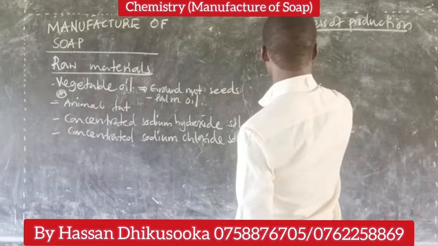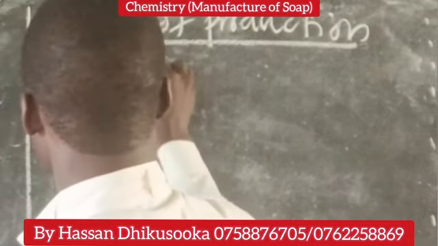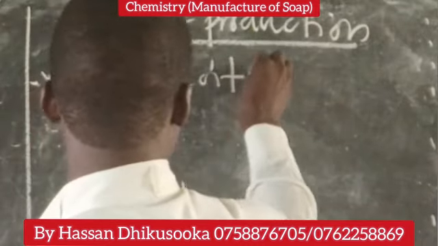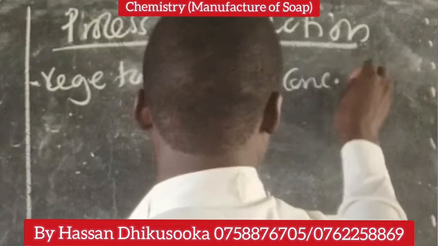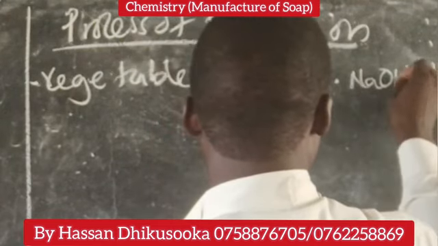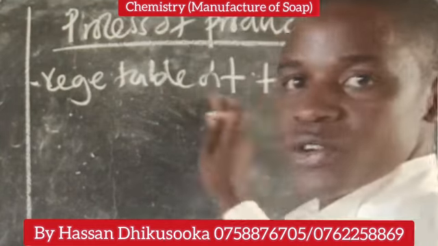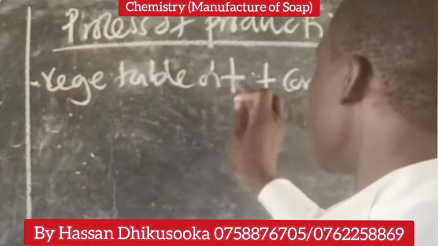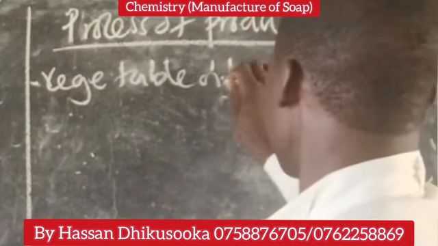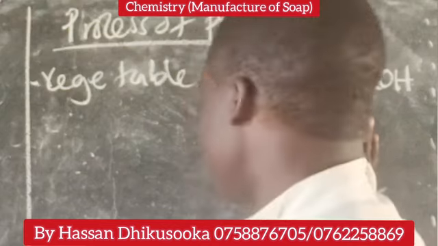Vegetable oil, first step: you add concentrated sodium hydroxide solution. When you heat the two, vegetable oil is heated with concentrated sodium hydroxide solution.